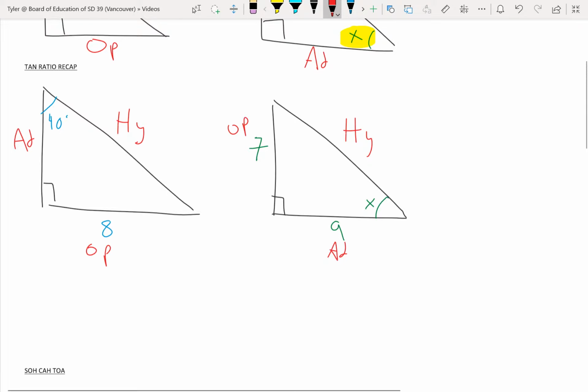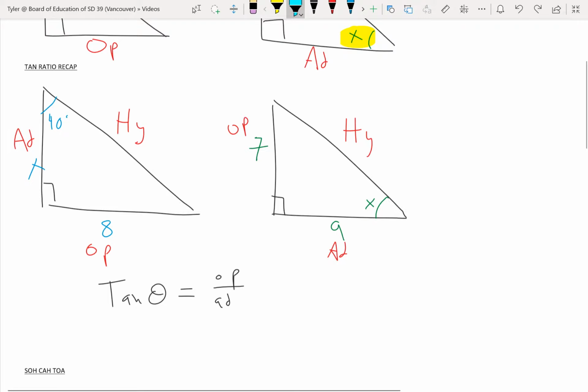So our tan ratio, if you remember, was tan theta is equal to opposite over adjacent. We're going to take the information we have on our sheet and fill it in. Looking at this, we want to know this missing side right here, and we don't have it, but we do have the opposite and an angle. So I'm going to sub in all the numbers I know.